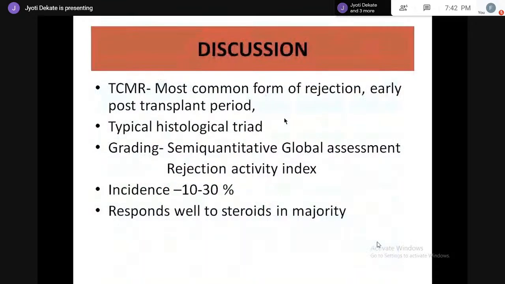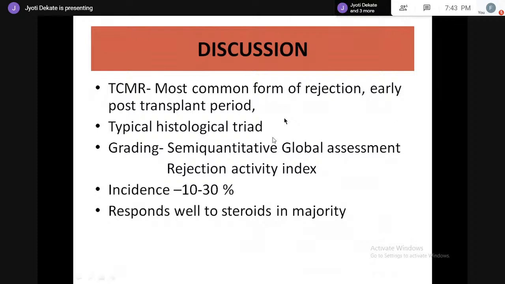So just recapitulating what we have learned in the last class on pathology of liver transplantation, T-cell mediated rejection is the most common form of rejection, typically showing this mixed kind of inflammatory cells as we saw here, bile duct injury and venulitis.